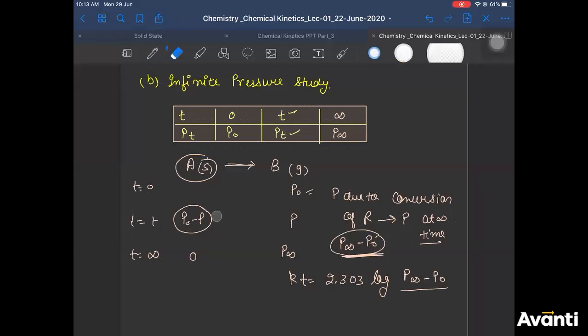Now, at time T also, see carefully. At time T also, the pressure PT which you have is due to what? Again, product.